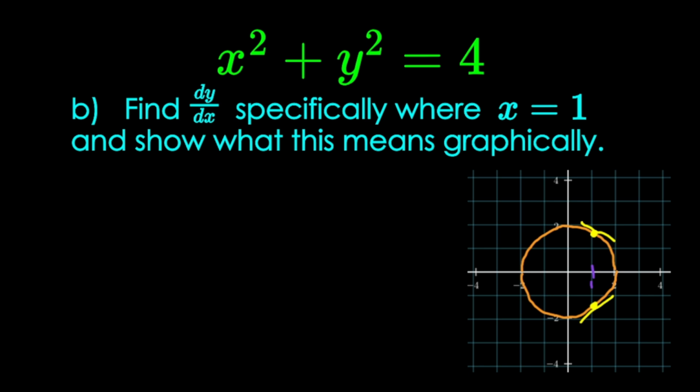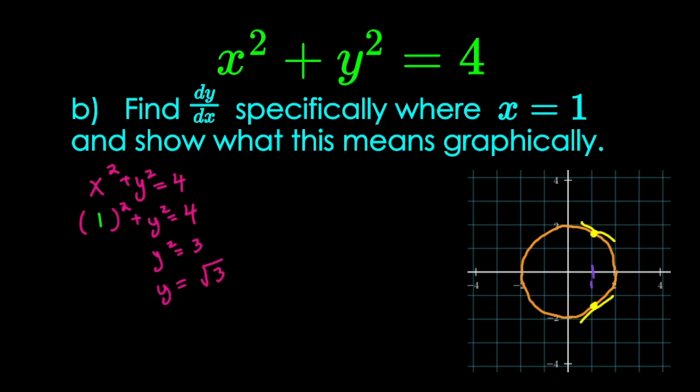So to figure out the y value, we need to use some algebra. We have x squared plus y squared equals 4. So we'll plug in 1 for x into the equation and solve for y. With a little bit of algebra, we'll get y squared is 3 and y equals, we could write, square root of 3.